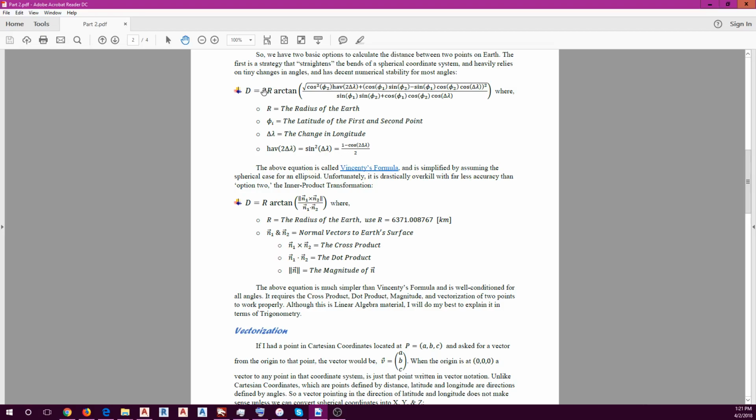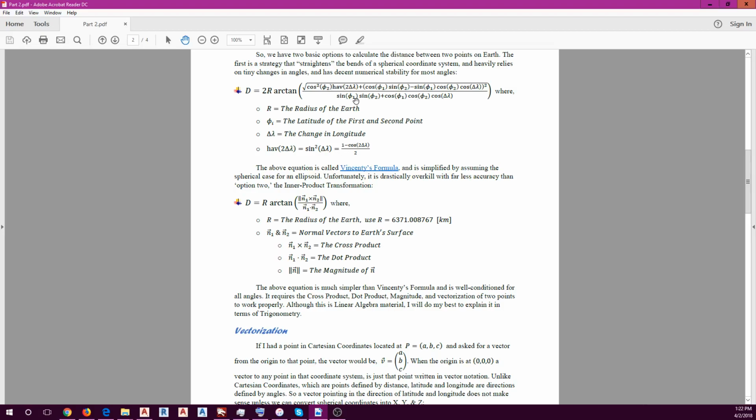This is 2 times the radius of the Earth times the arctangent of the square root of cosine squared of your latitude to the second point times the haversine of twice the change in your longitude plus the quantity cosine of your latitude times the sine of the latitude to the second point minus the latitude of the first point times the cosine of the latitude of the second point times the cosine of the change in longitude, all that quantity squared, and then that whole square root thing divided by more stuff.